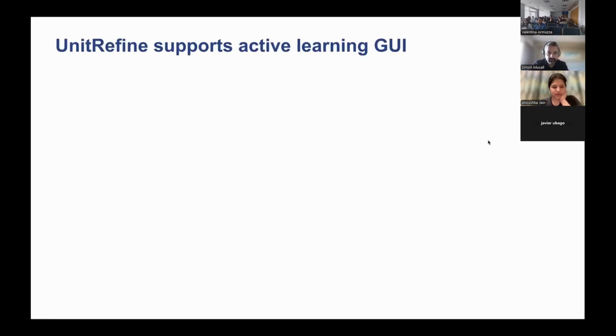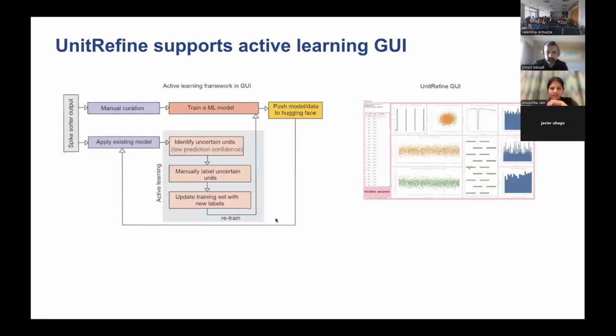In the end, what we wanted to do was that we identified that the approach works well, and we wanted to make it easier for other labs to use it. So for that, we created a UnitRefine GUI.